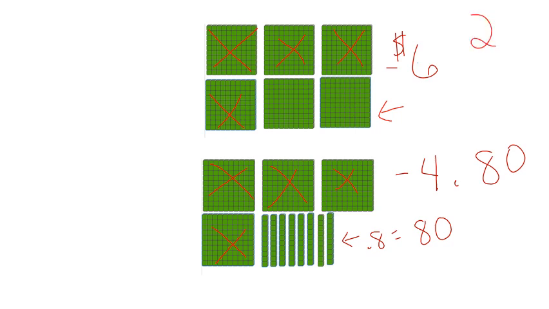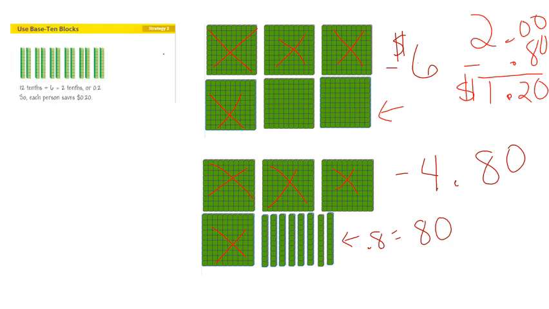I know that 2 wholes minus 80 hundredths is going to give me 1 and 20 hundredths, which is the same as $1.20. So I know that what they're going to have left over is going to be represented by this. 12 tenths divided by 6 people, because that's what I have left.